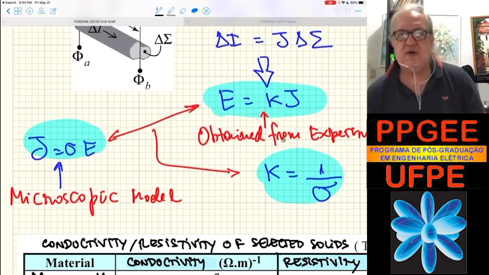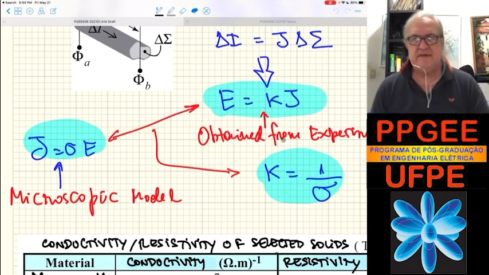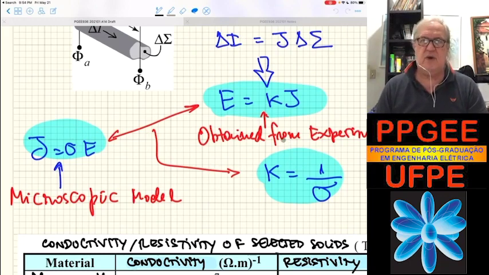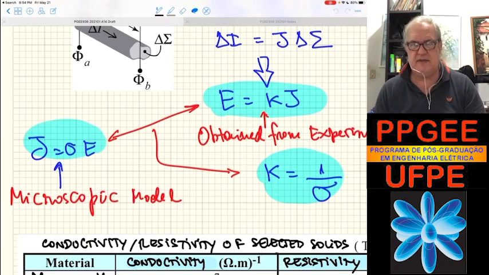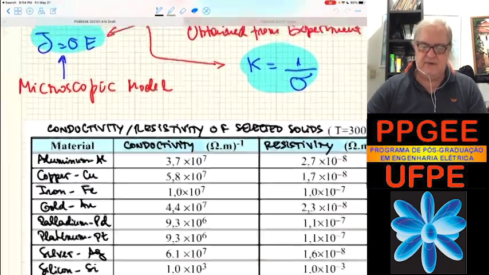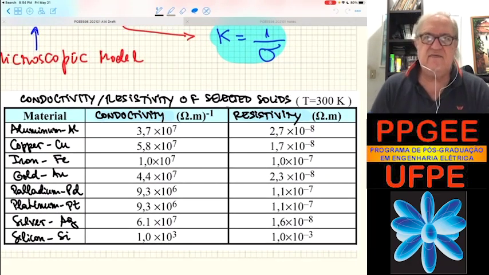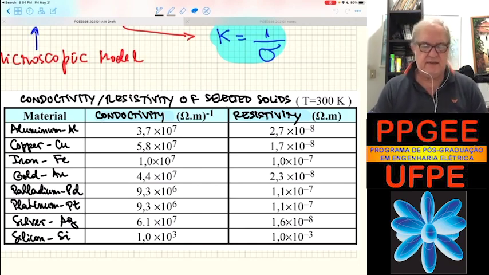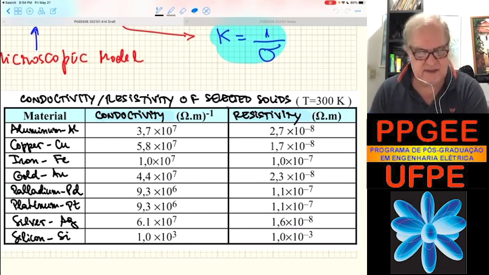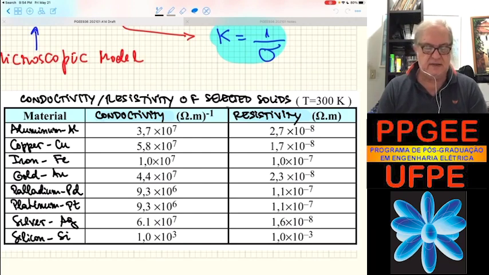In other words, the microscopic model that we derived is the same as Ohm's law, which was obtained experimentally. Okay? So here is a table showing some of the conductivity and resistivity values for some interesting metals, some noble metals, some non-noble metals as well, and a semiconductor.